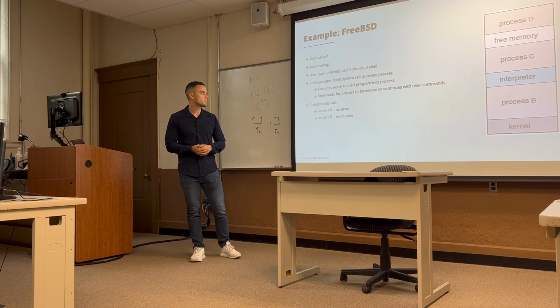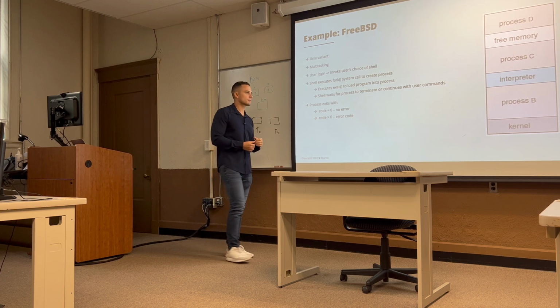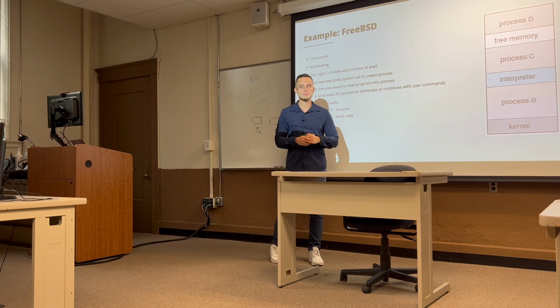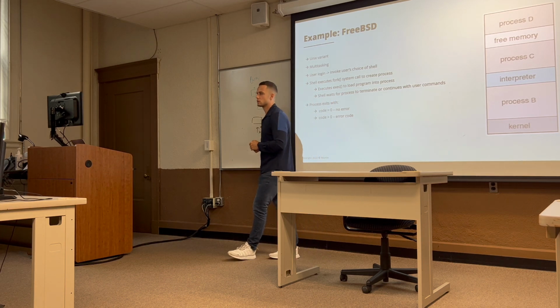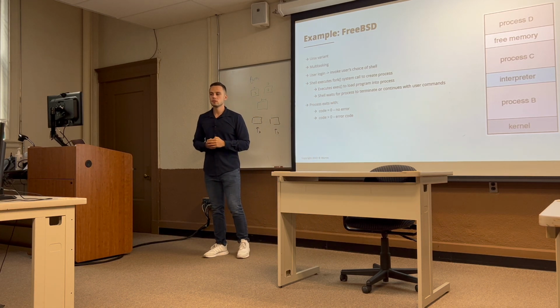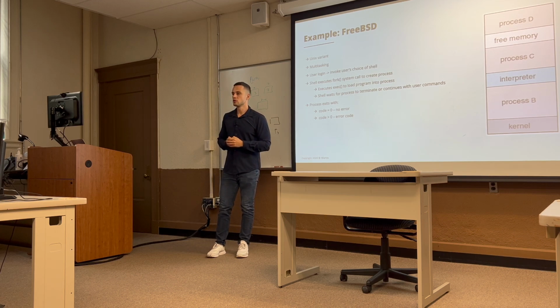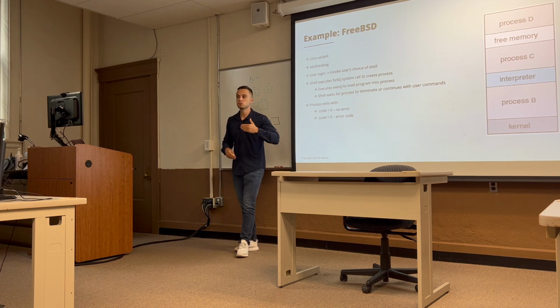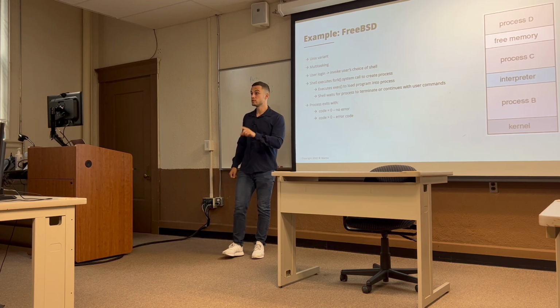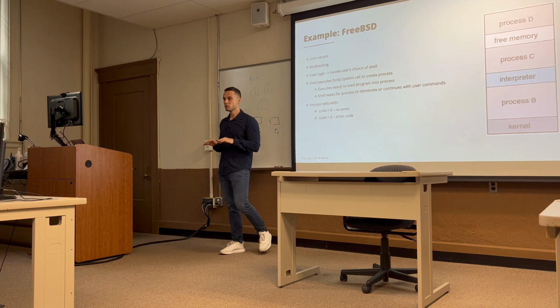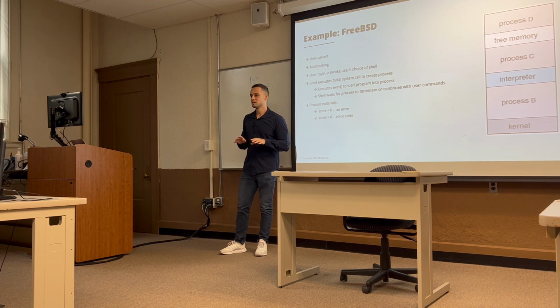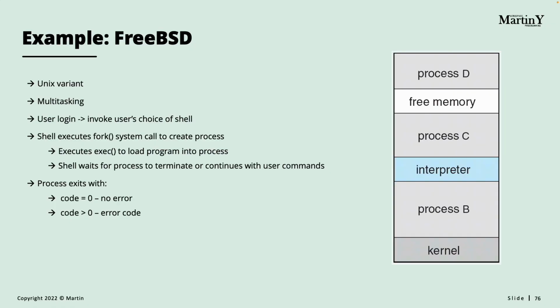For example, in Linux, those of you that have used it know that you can run some processes in the background. If you execute a command that takes a long time, and you hit Control Z, you're not going to kill the program, but you're still going to be able to write something in the terminal. The terminal is not going to halt until this process finishes, right? It's just going to run in the background.